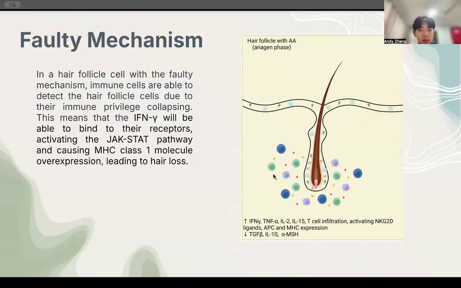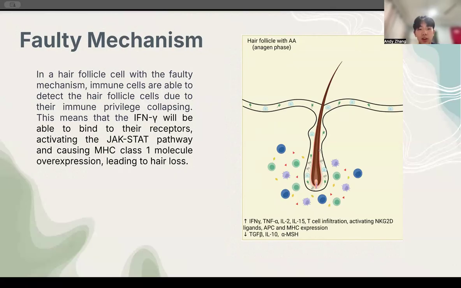However, on the other hand, if you have a faulty mechanism, immune cells will be able to detect the hair follicle cells due to the immune privilege of the hair follicle cell collapsing.